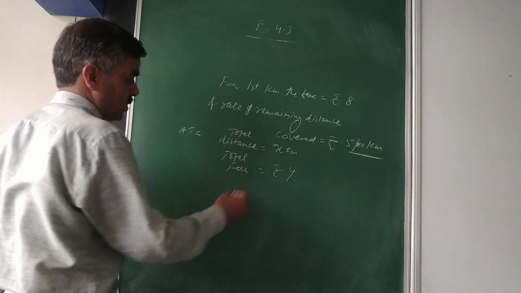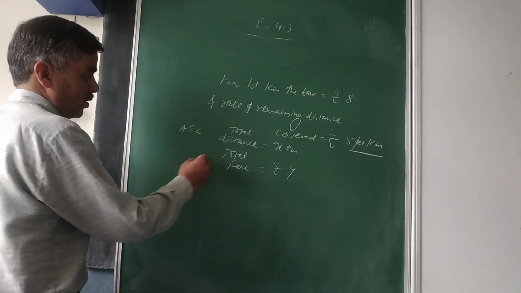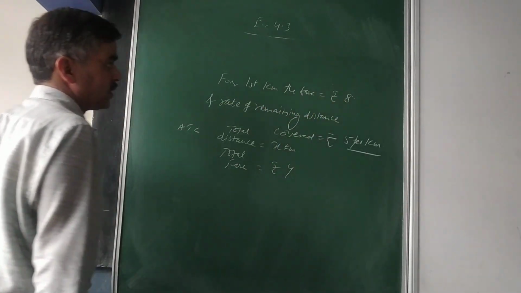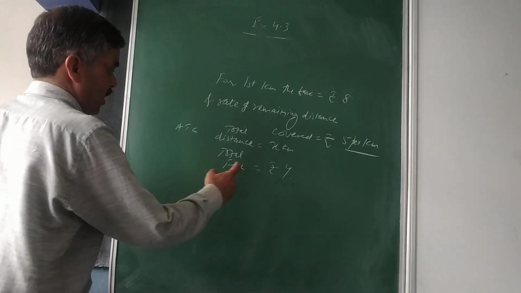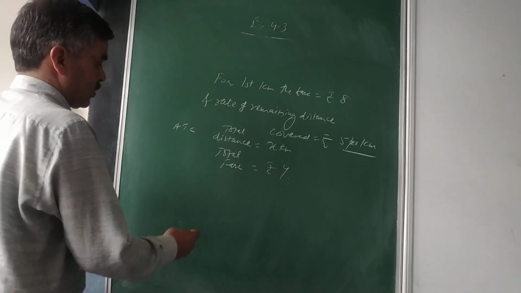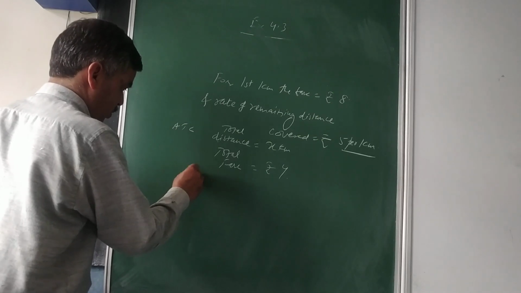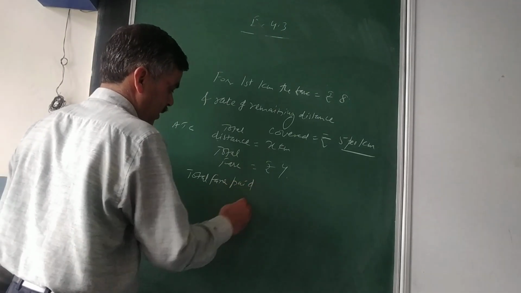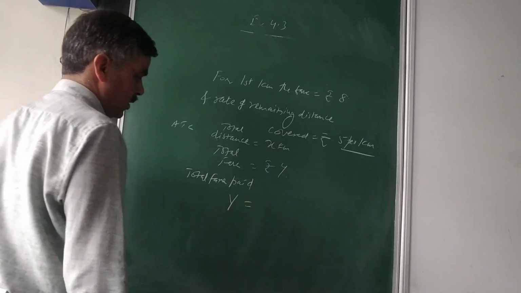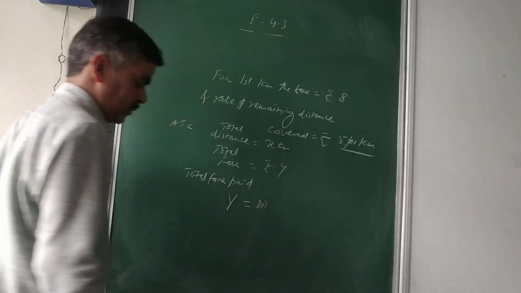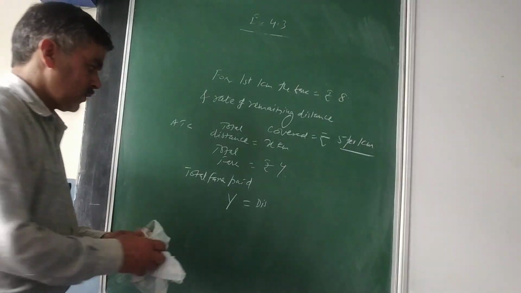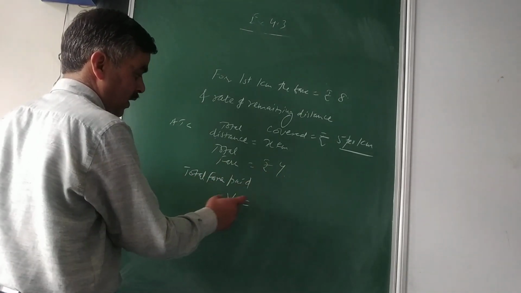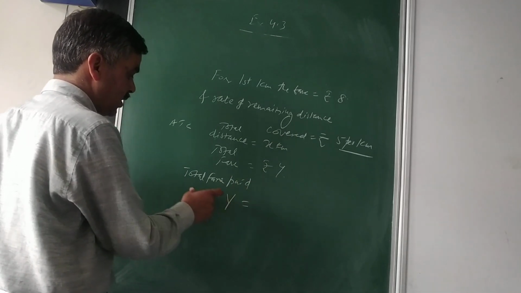Now total distance is x. Fare for the first kilometer is rupees 8. And total fare is equal to y. So total fare paid y is equal to, now you are talking about fares, which will be in rupees. How do I calculate this on the right hand side?